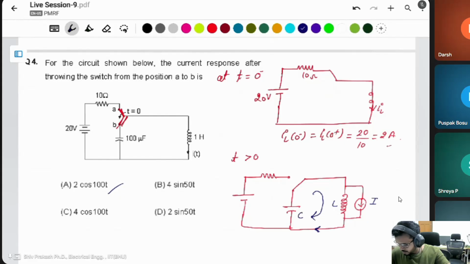Okay, everyone, that Laplace, can you once revise what is that concept? I forgot actually. Okay.